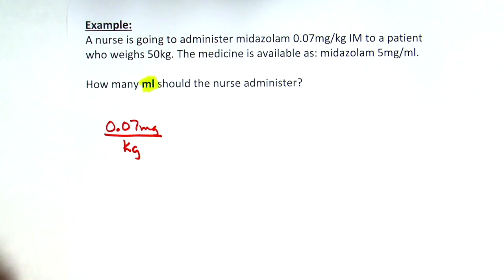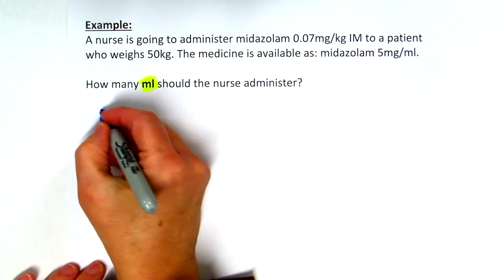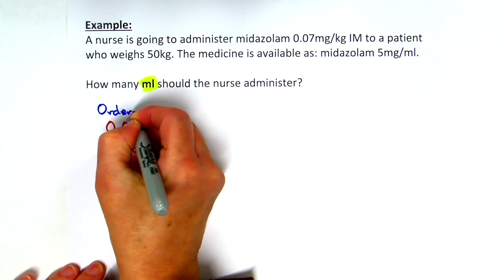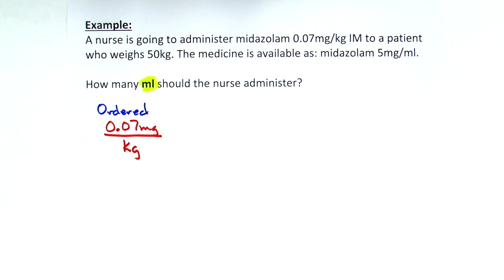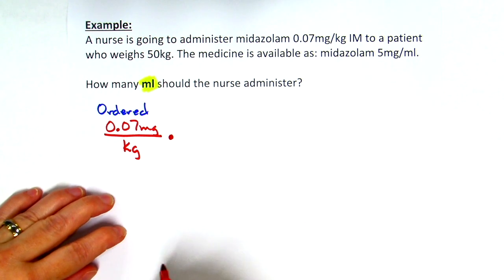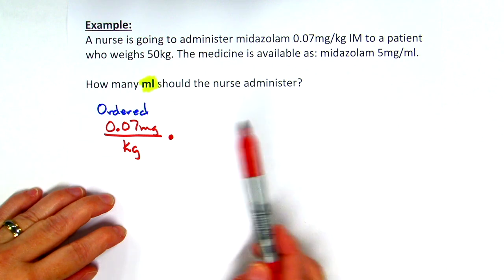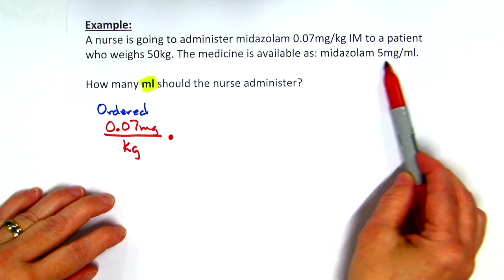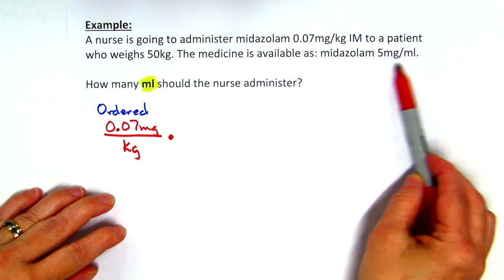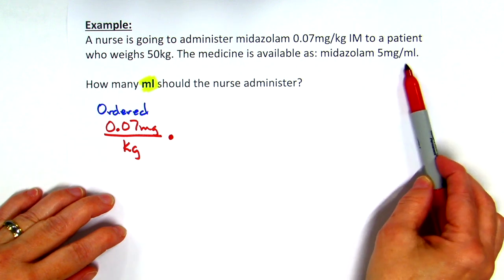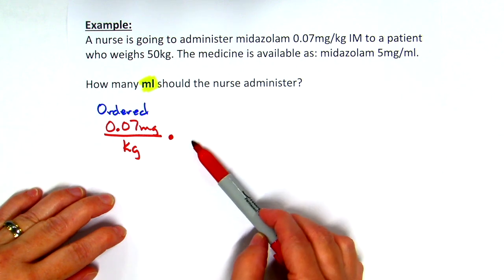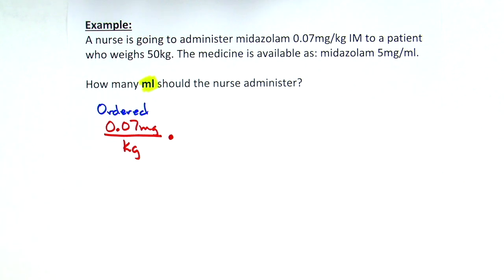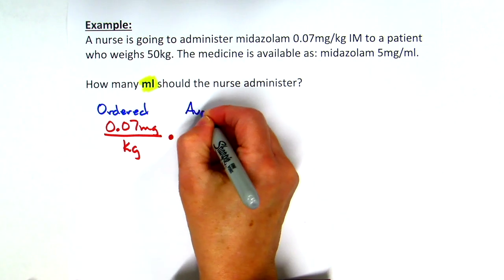Above that let's write ordered, because this is what was ordered. Now I'm going to use my unit analysis. I'm going to multiply this by a rate that I know. It's available as 5 milligrams per milliliter. So I'm going to multiply it by what is available. Let's write available up here.